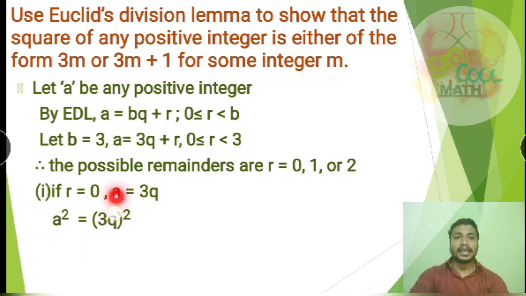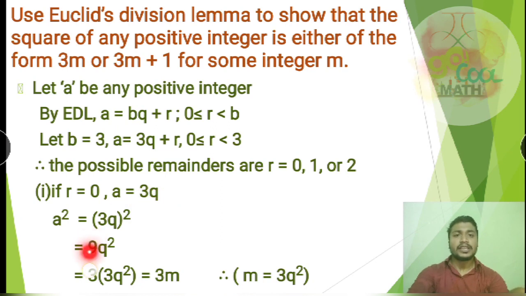We'll get a square is equal to 3q the whole square, where 3q the whole square is 3 square, which is 9, times q square. And this 9q square can be split as 3 into 3q square, since 3 into 3 is 9.